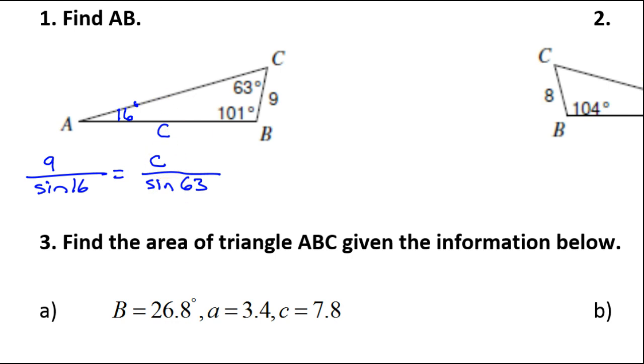Now, because I want to get C by itself, I'm going to multiply both sides by sine 63. That way, these will cancel each other out, and that will leave me side C, which is what I was looking for. So really, I just need to put this whole expression in my calculator, and that'll be the answer.